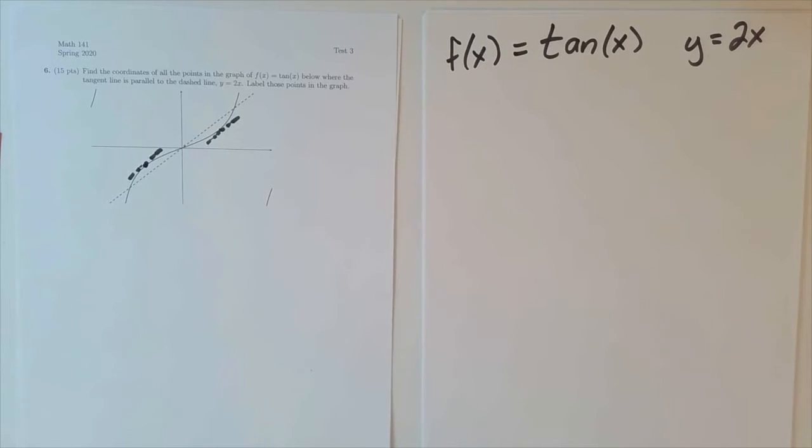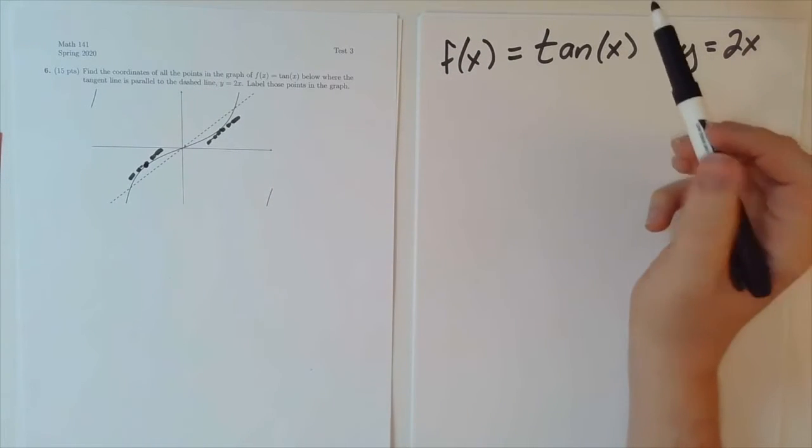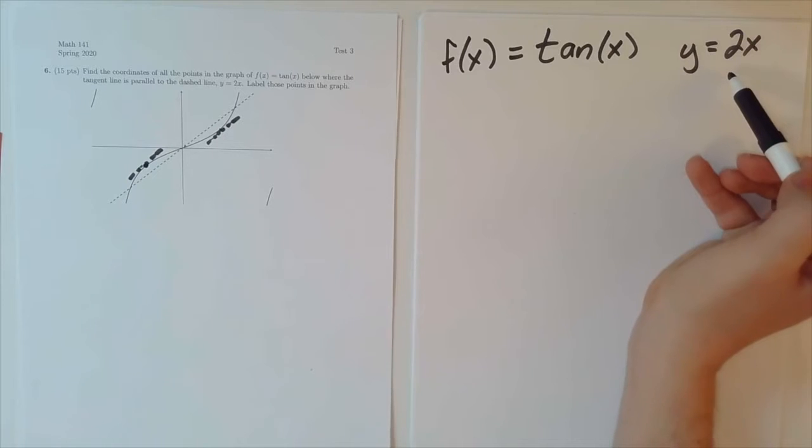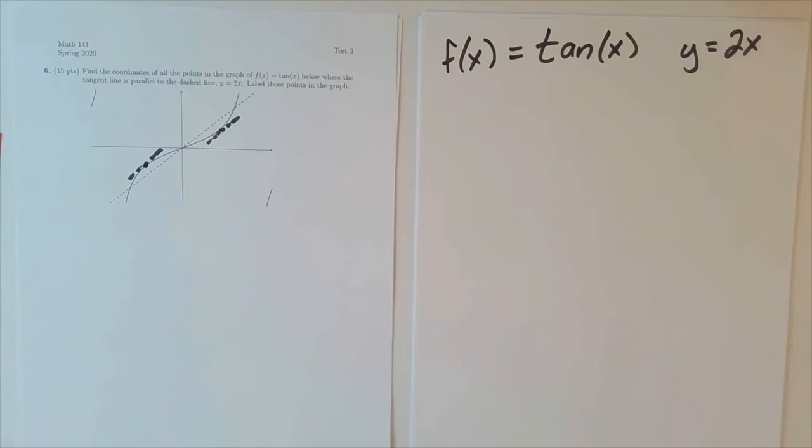Okay, how am I going to deal with this whole business of the tangent line is parallel to the line y equals 2x? Well, remember that two lines are parallel if they have the same slope.